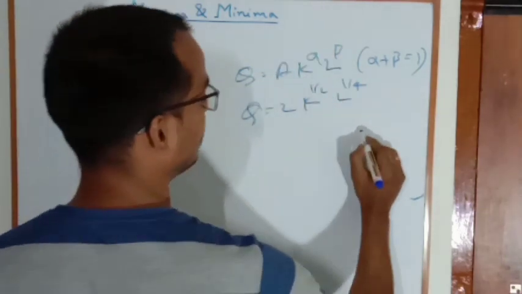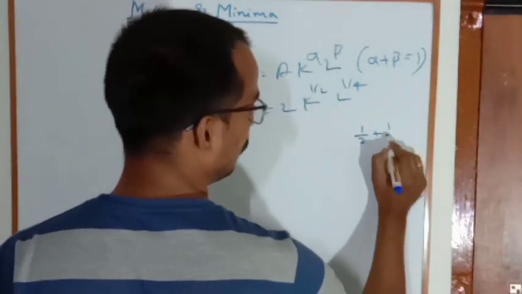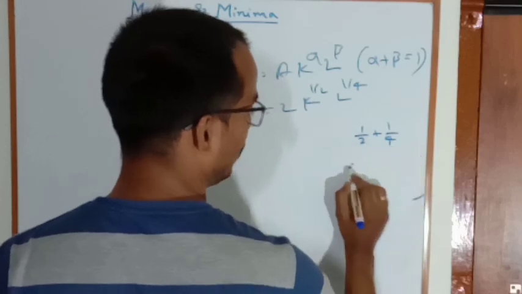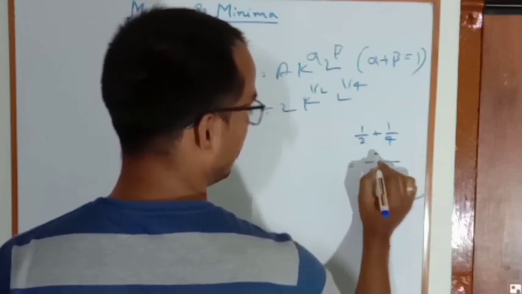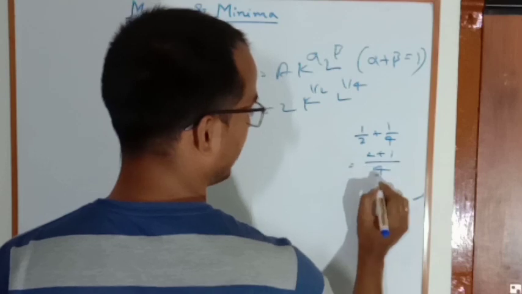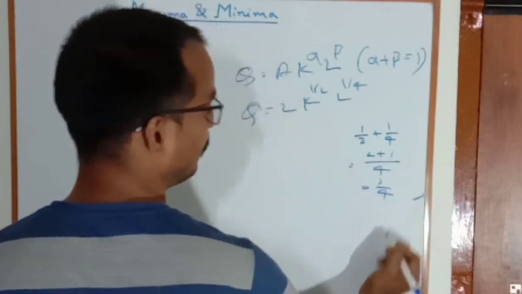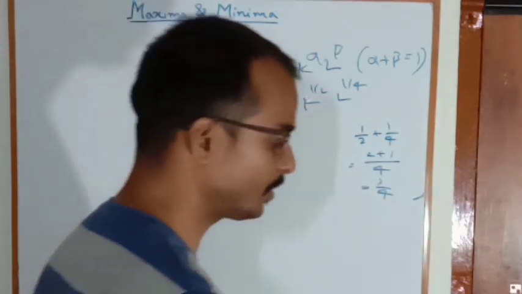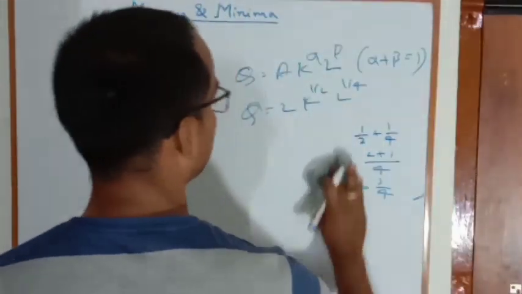If we add them, 1 by 2 plus 1 by 4 is not equal to 1. It's 2 plus 1, 3 by 4. So this is not a complex production function.